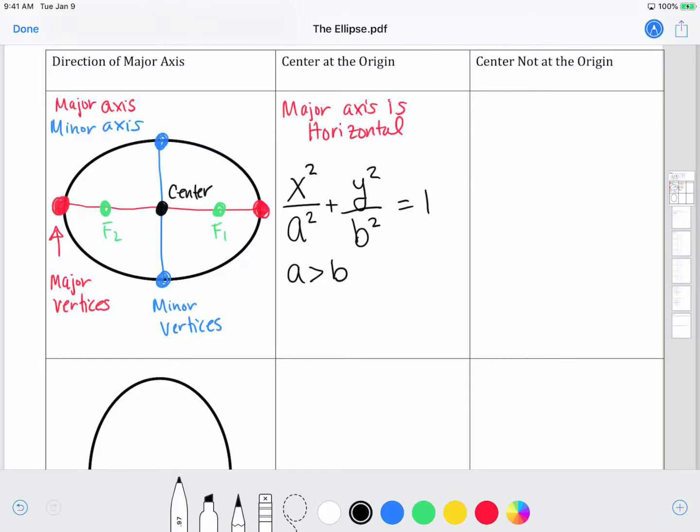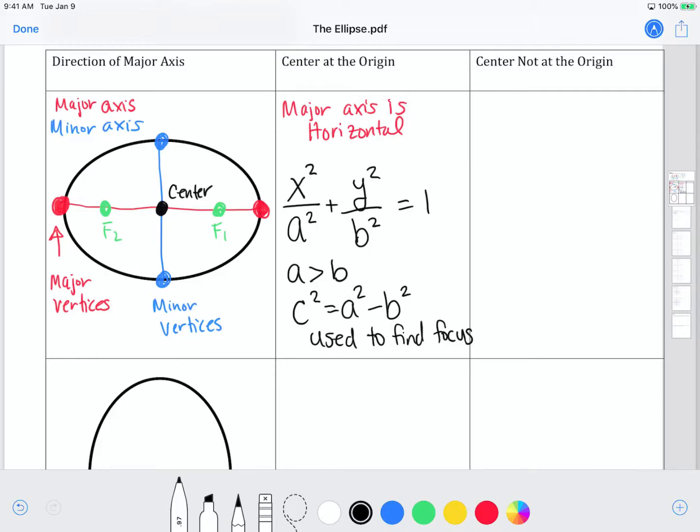Now, in order to find your focus points, you need another formula. C squared is equal to a squared minus b squared. And this is used to find the focus points.